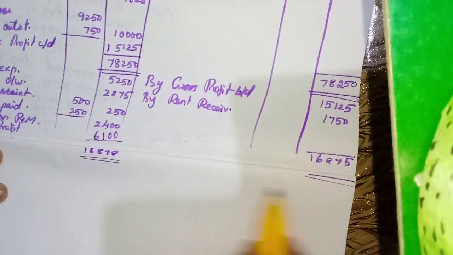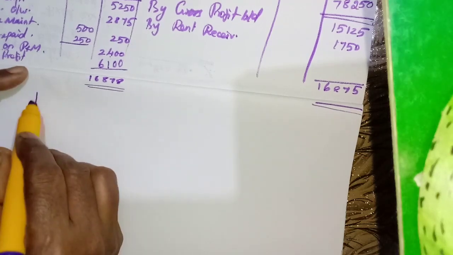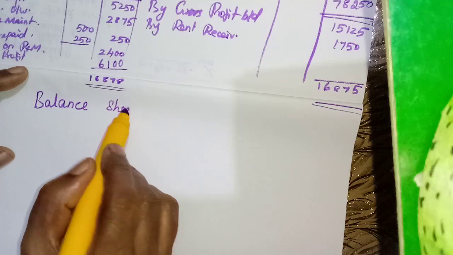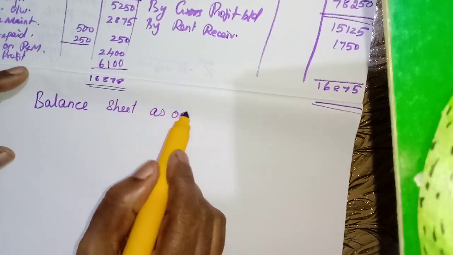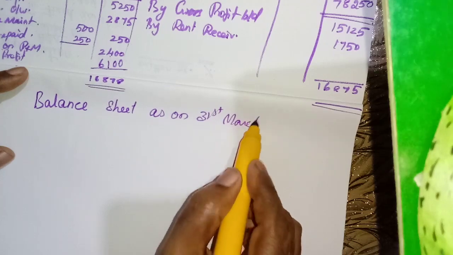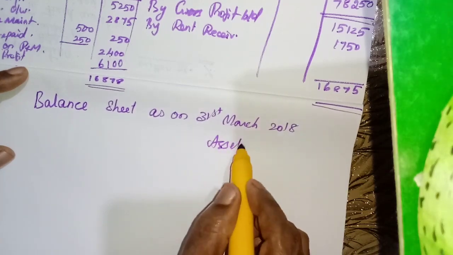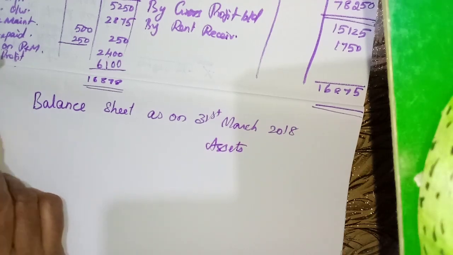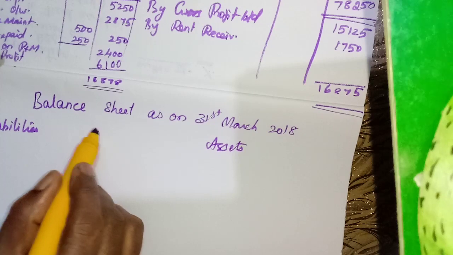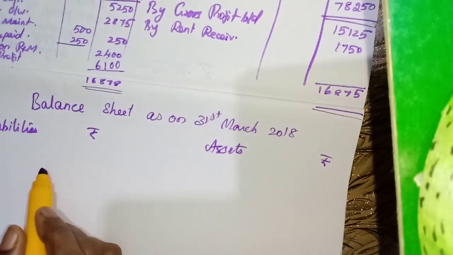Now next one, balance sheet as on 31st March 2018. Here assets, here liabilities, rupees, two columns.